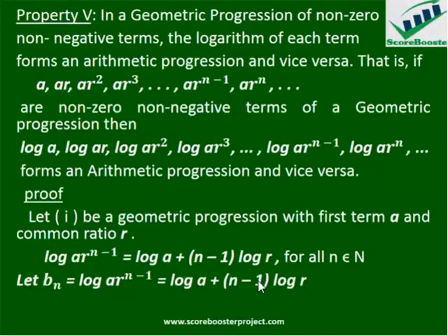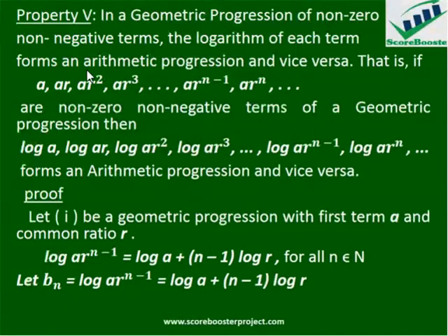Now, we move to the fifth property. Property 5. In a geometric progression of non-zero, non-negative terms, the logarithm of each term forms an arithmetic progression and vice versa. That is, the logarithm of each term of a geometric progression forms an arithmetic progression.